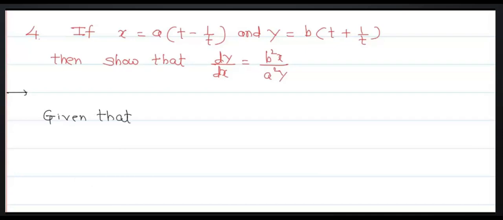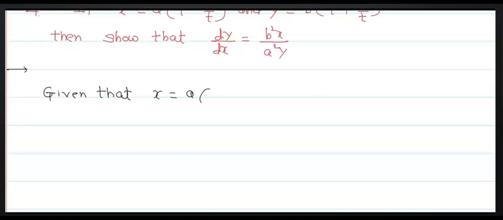Given that x is equal to a in bracket t minus 1 upon t and y is equal to b in bracket t plus 1 upon t.